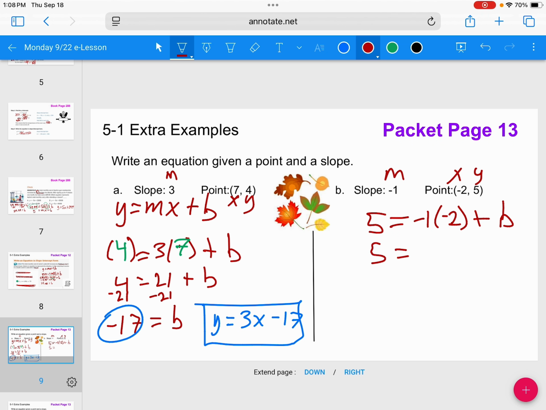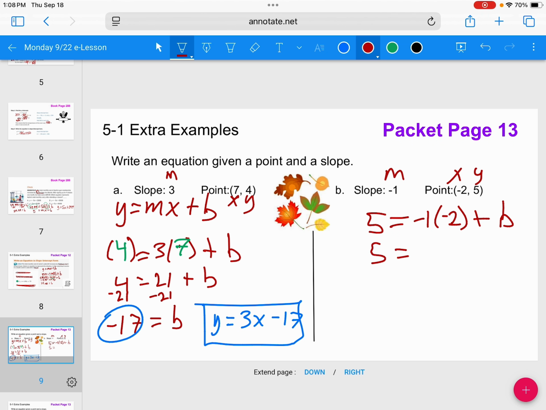And we're going to go ahead and finally do this final one. Write an equation given a point and a slope. So we have 6, -2, x, y, m. And we're going to go ahead and insert those into our equation, y equals mx plus b. And I'm going to replace everything I can.